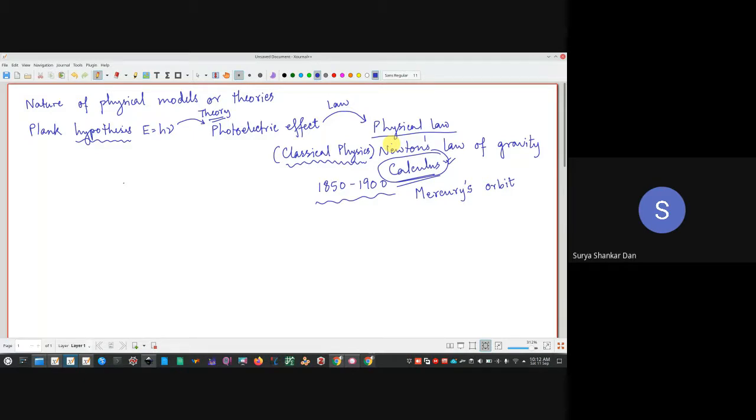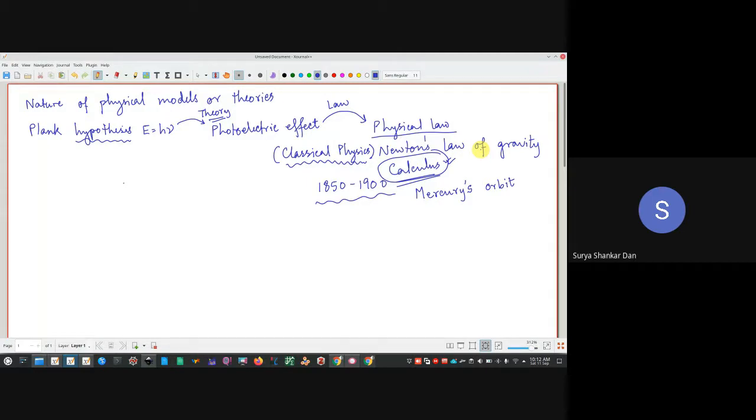Now we know better, and as a consequence, scientists started thinking that Newton's law of gravity needs to be modified. Note, we cannot claim that Newton's laws are all rubbish. No, not at all. But Newton's laws are correct within a particular range of observables.